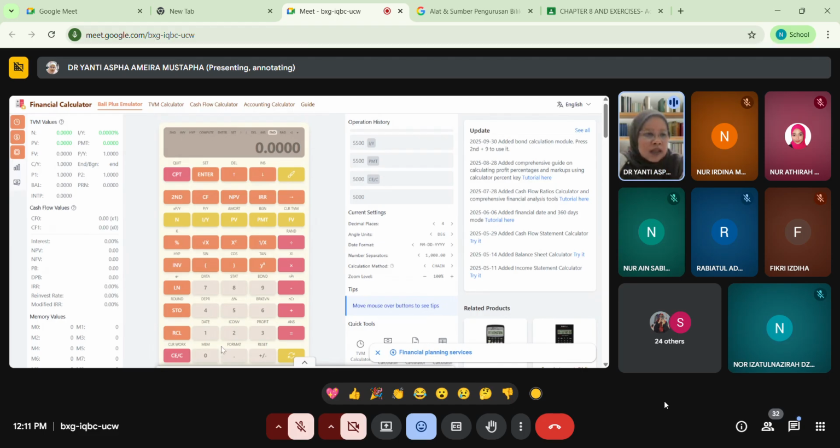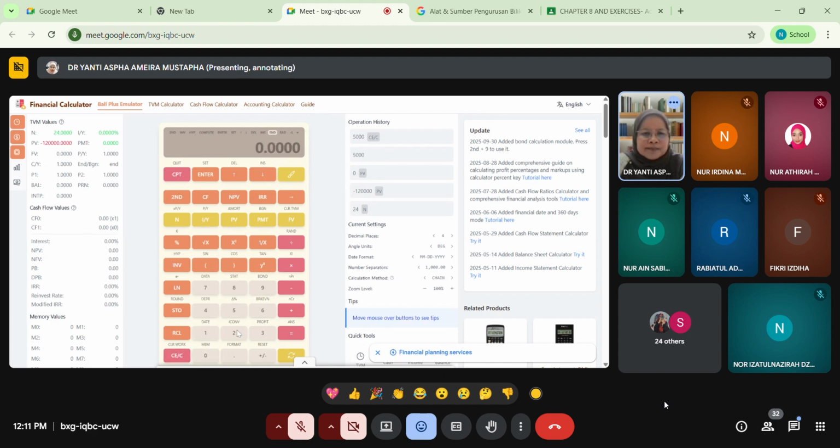So let's do this again. Let me clear it. The 24 must be monthly. So 120,000 negative as PV, then 0 FV, 5,500 payment, and then compute I/Y.